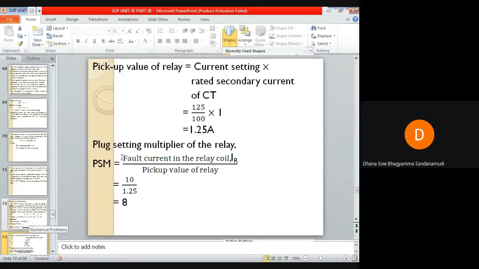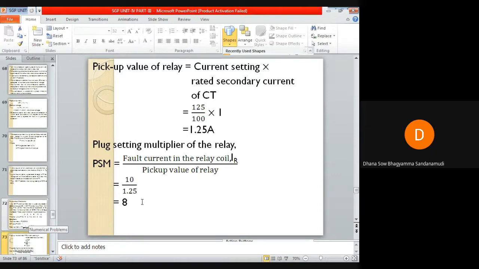Now, what is the plug setting multiplier value? In order to calculate the plug setting multiplier value of the relay, the formula is fault current in the relay coil by pickup value of the relay. The fault current in the relay, IR, we have just calculated, that is 10 amperes. And the pickup value of the relay is 1.25.